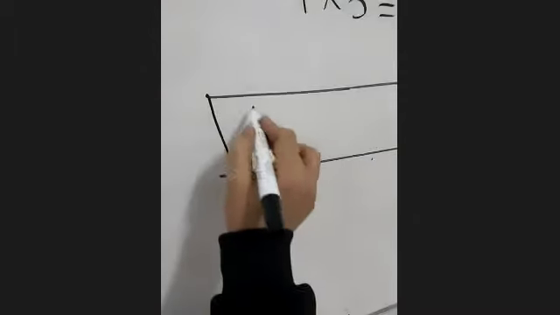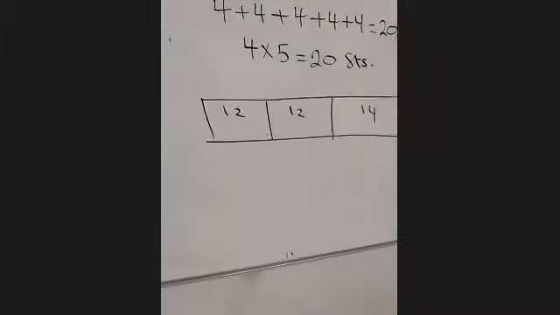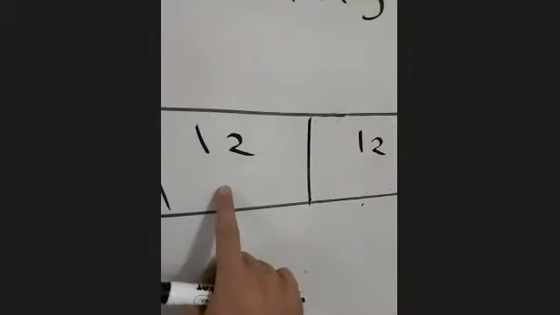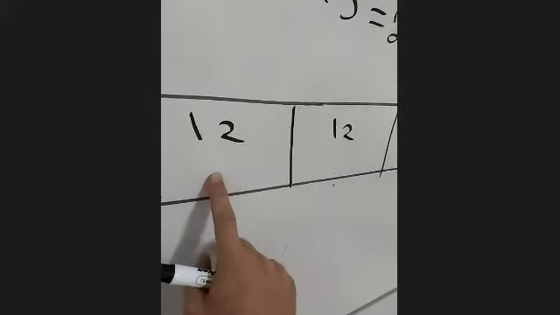Look at the board, guys. We have 12, 12, and 14, right? Now, 12 what here? 12 granola bars, 12 mini muffins, and 14 bananas. And we want the total. The total means the sum of them, right?